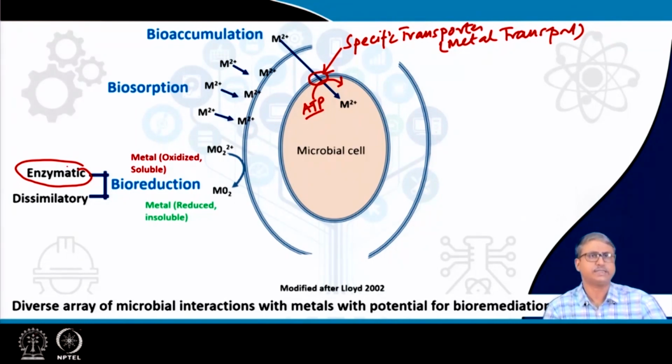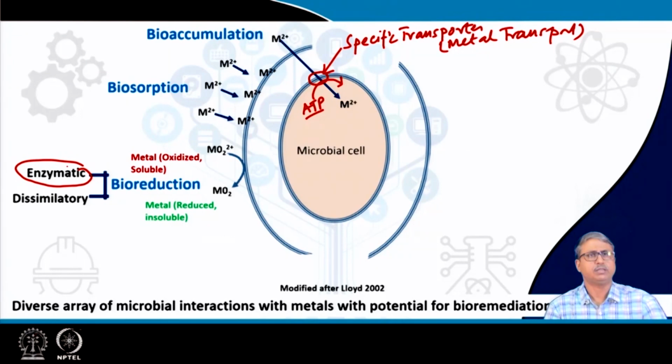These are considered as enzymatic reduction, whereas for example, chromium, uranium, technetium and several other radionuclides and metals, they are often used as electron acceptor during the anaerobic growth, anaerobic metabolism of the cells.